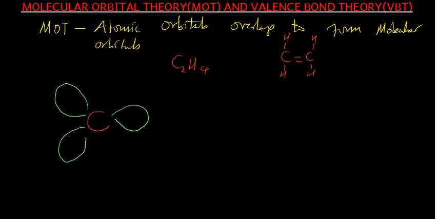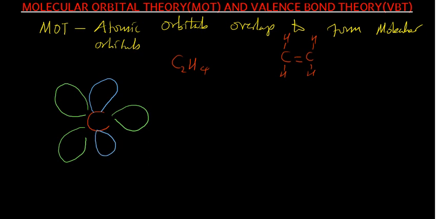Remember, there was a p which was unhybridized, and the p orbital is like this. It can be like that or like that depending on the plane. So it's like infinity. The one I've put in blue is p, going from the top to the bottom.